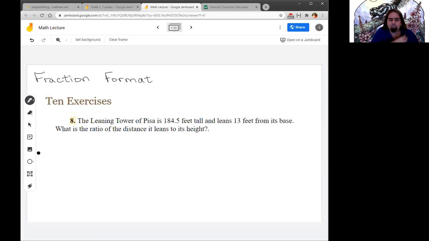Okay, so the only tricky part here was there's two ways we could write it and we don't know which is right. Do we want leans over height, or do we want it height over leans? They both are fine as ratios. It's just that they're asking for only one of them.